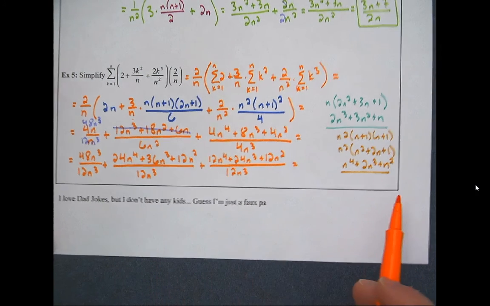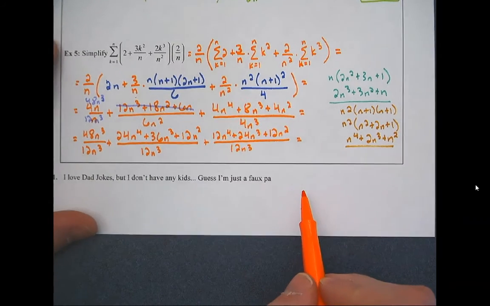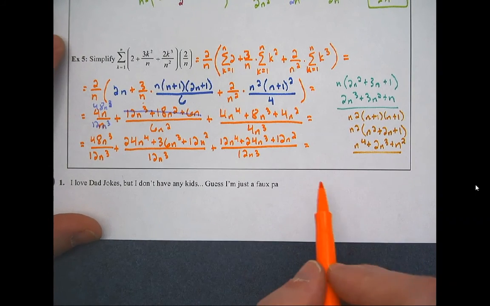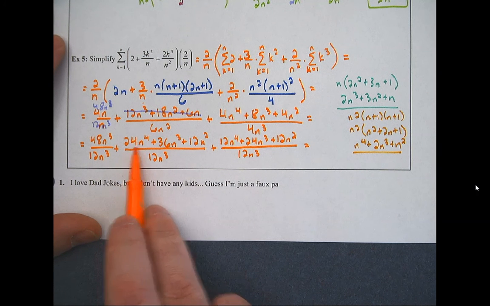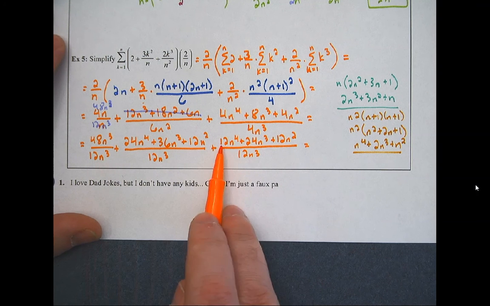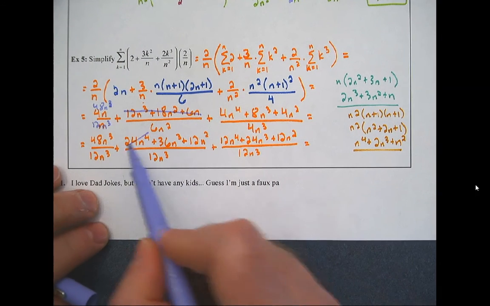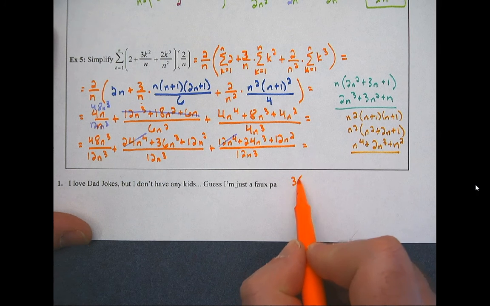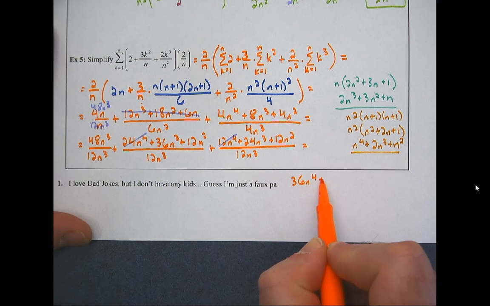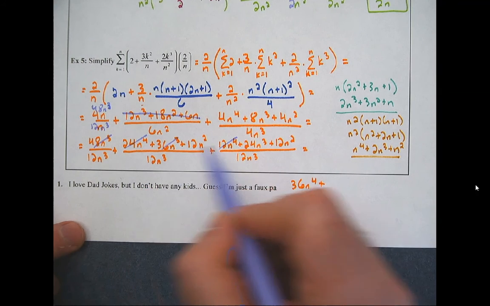And I was hoping to write my answer in that space, but I'm going to have to write it down here. So let's see, how many to the 4ths do we have? 24 plus 12. I'm going to cross these out so I can keep track of them. 24 plus 12 is 36 n to the 4ths. Plus how many n cubes? 48 and 36 and 24.